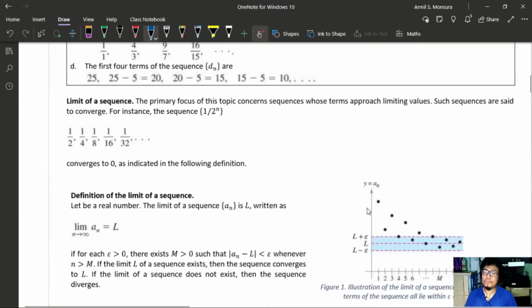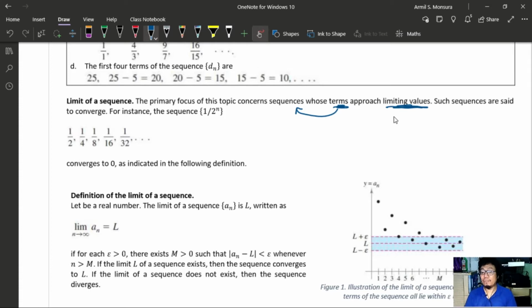Now, the limit of the sequence. The primary focus of this topic concerns sequences whose terms approach limiting values. Such sequences are said to converge. Again, when the terms of your sequence approach limiting values, or they tend to have a certain value to which they become equal as you increase the number of terms, we say that the sequence is converging.